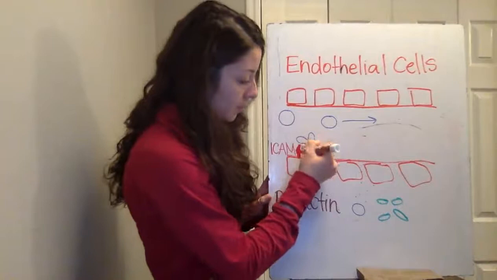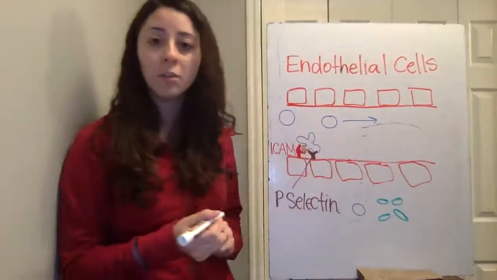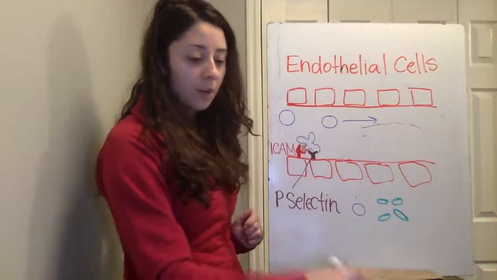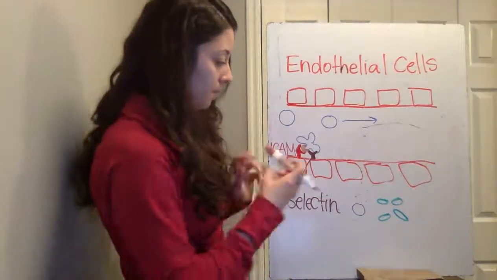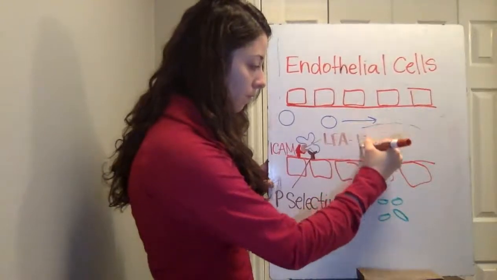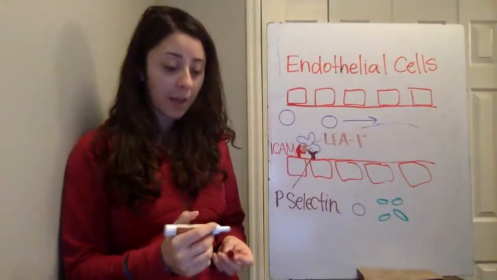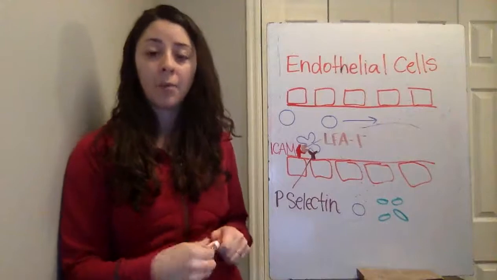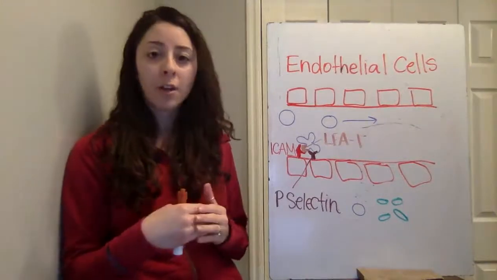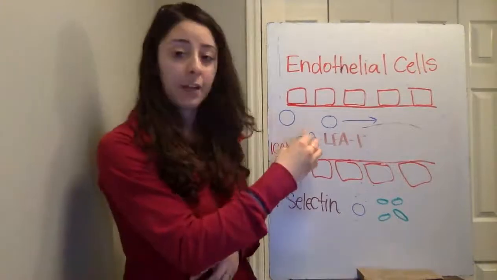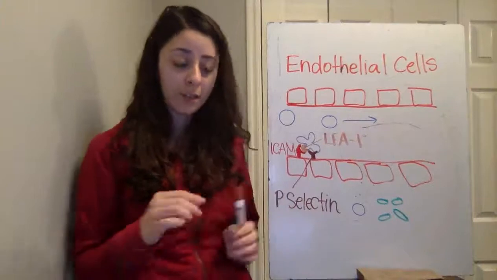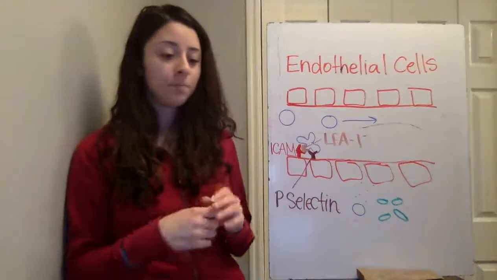And it binds to a specific molecule on leukocytes called LFA1. Okay, and so LFA1 and ICAM bind tightly or strongly and create a strong interaction that leads to adherence of the leukocyte to the endothelial tissue or endothelial layer.